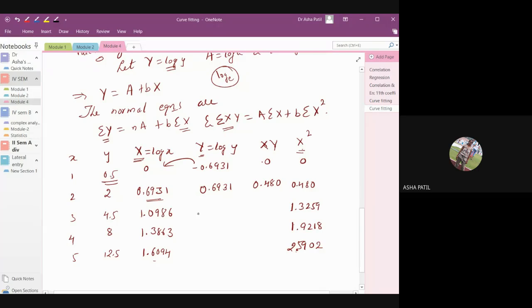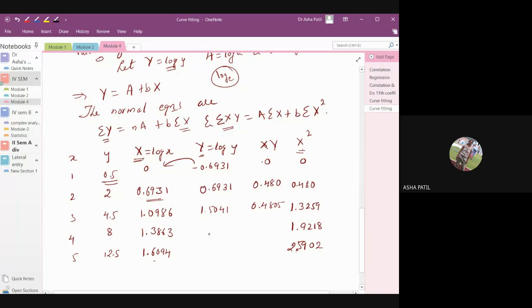4.5, log of 4.5. 1.5040. Okay, multiply it by x. 0.4805. 0 point or 1 point? No, madam, that XY multiplication is 0.4805.